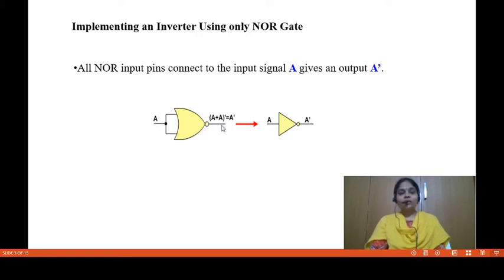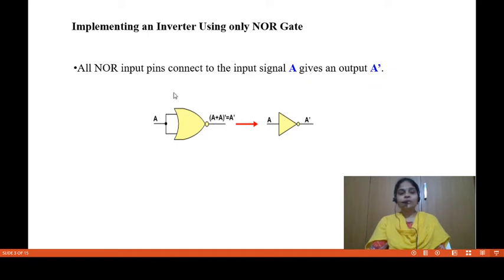As we have seen how we can use the NAND gate to implement all the basic gate functions, in a similar way we use the NOR gate to implement all the basic gate functions. So all NOR input pins connect to the input signal. A gives an output A complement.